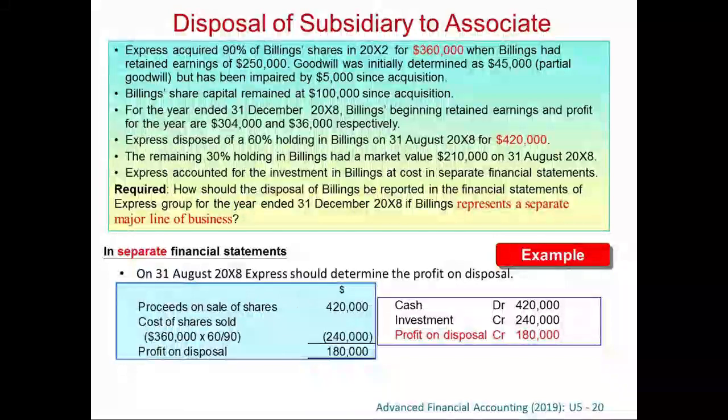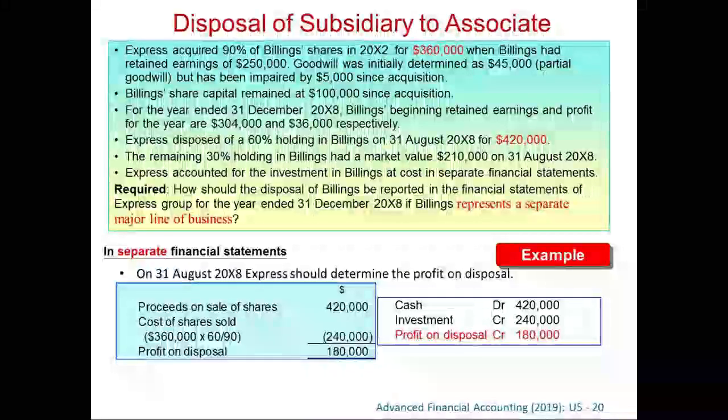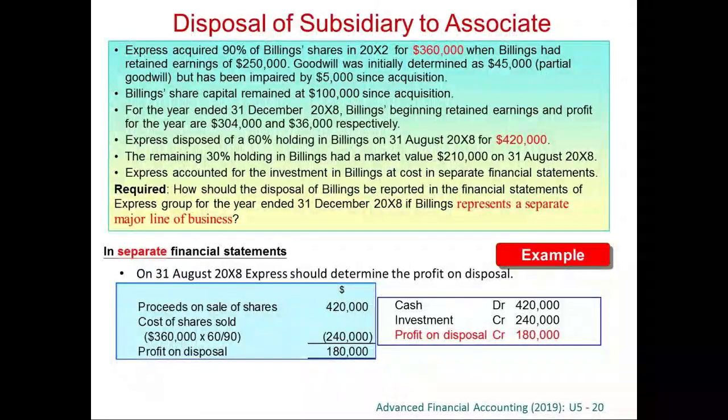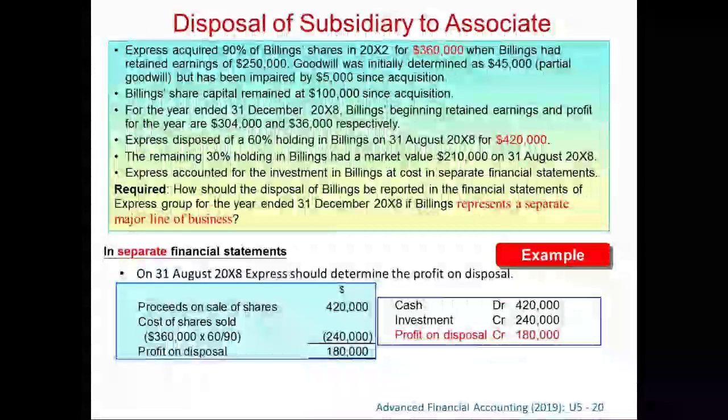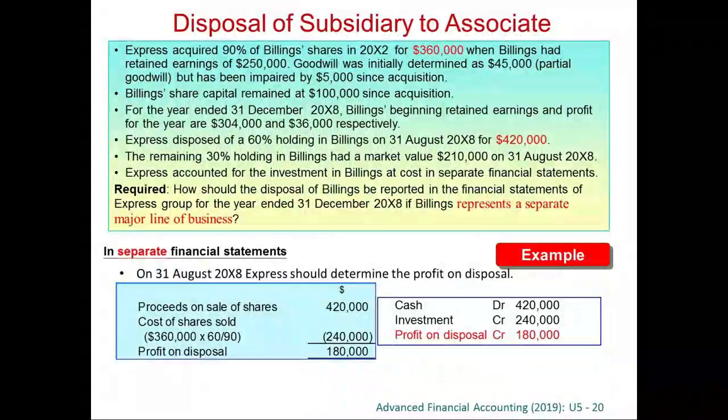So therefore, you credit investments 240. Right? The question says that we account for this investment at cost. Therefore, the remaining cost, 120, remains in the financial statements. Right? So you dispose the 240, remaining will be 120 in the parent's own book.